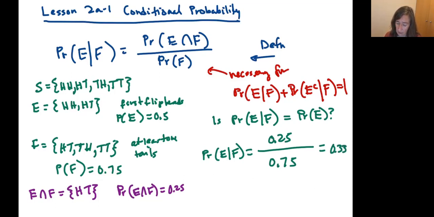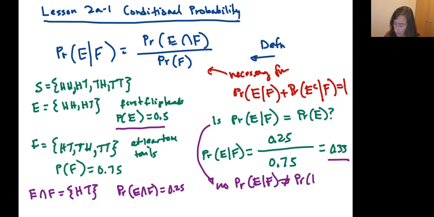So yes, it is different. No, they are not equal. The conditional probability does not equal the probability of E. It means we learned something.